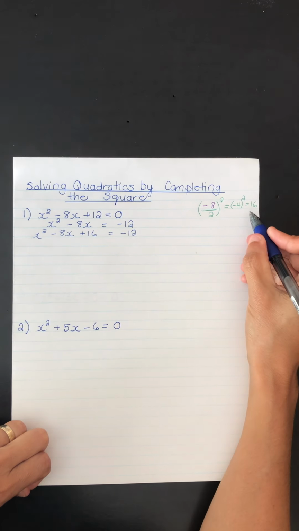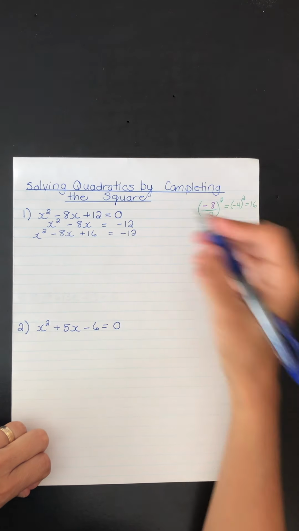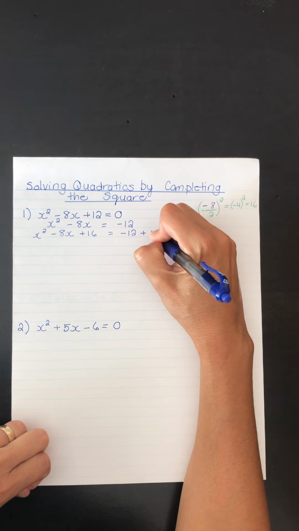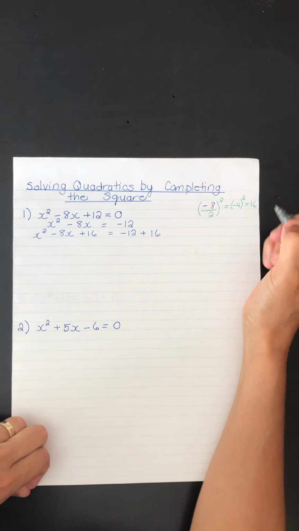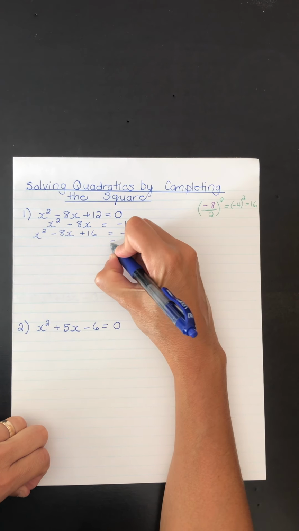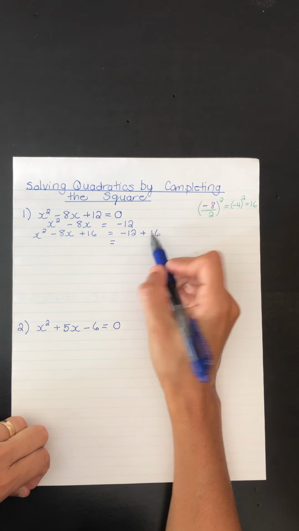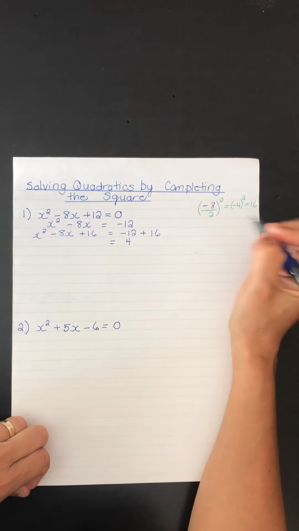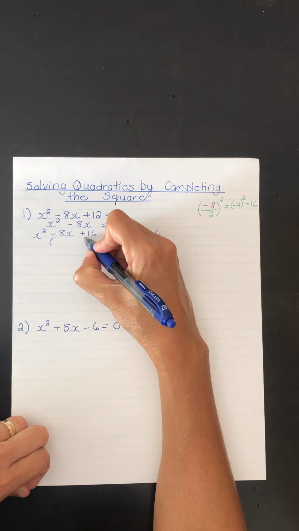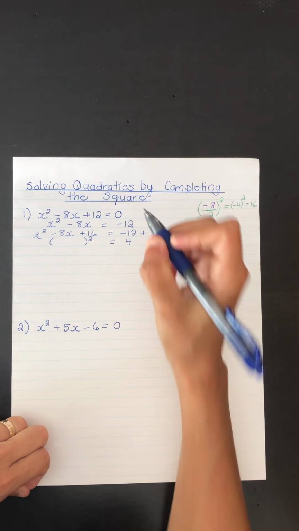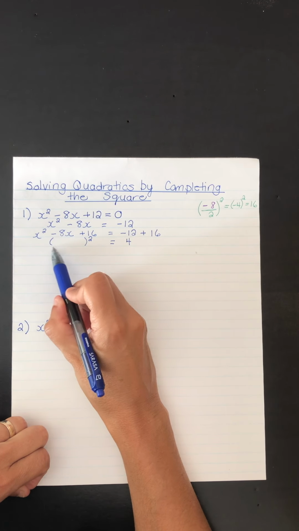Now, we can't just arbitrarily add that number to the left side. We have to make sure we also add it to the right side like this. The right side now is simply going to be 4. On the left, as promised, we do indeed have the square of a binomial.